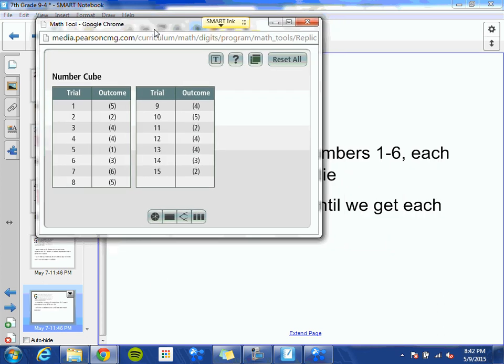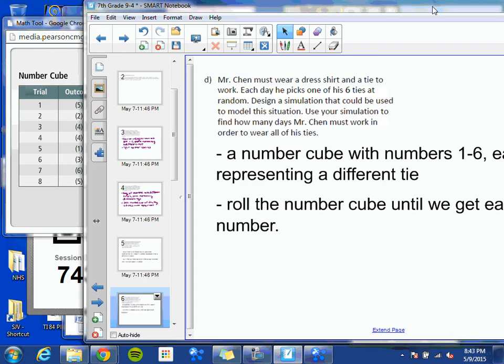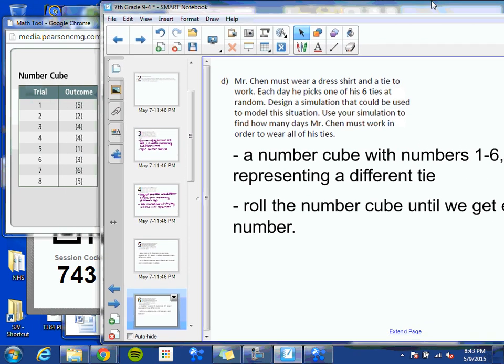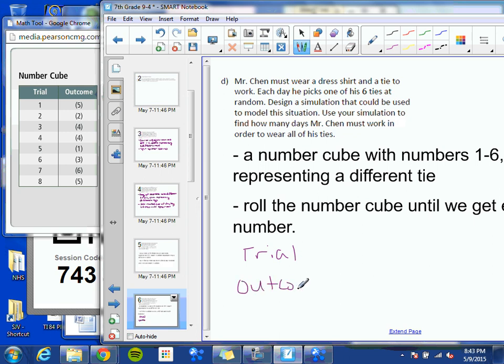So let's go ahead and copy down that table in our notes. So we have a trial and the outcome. I'm going to do my table sideways for more space.